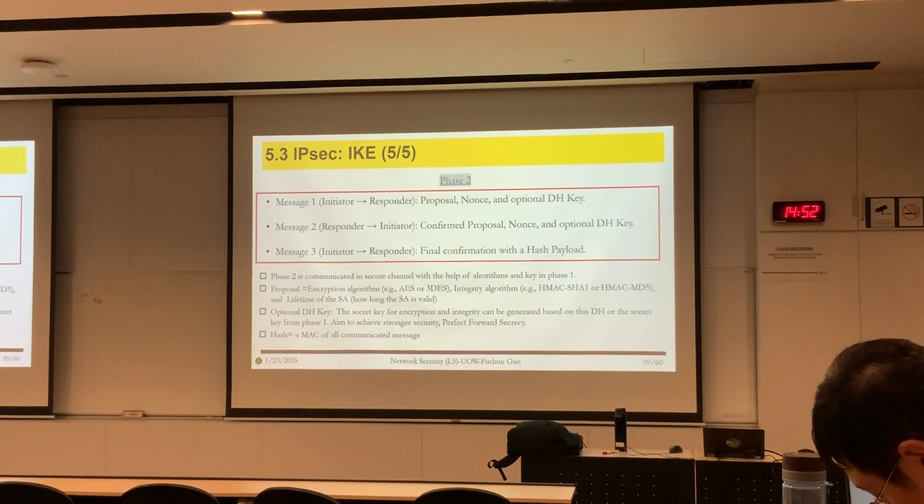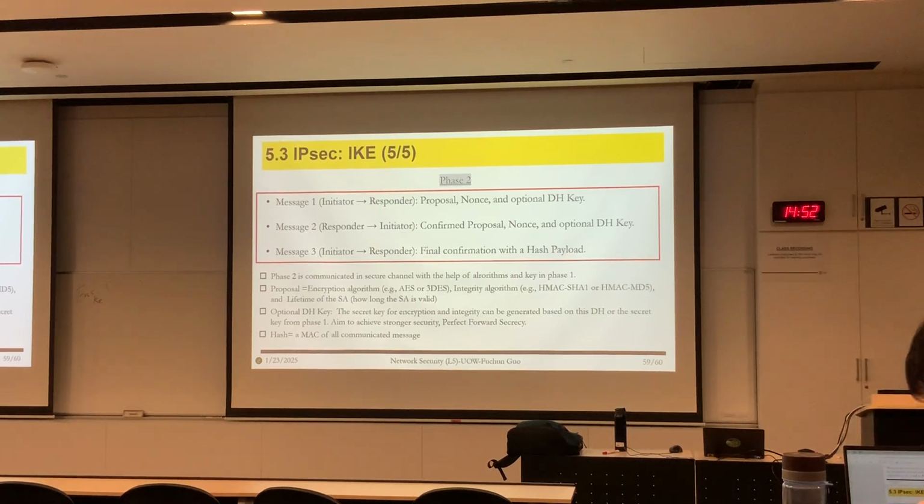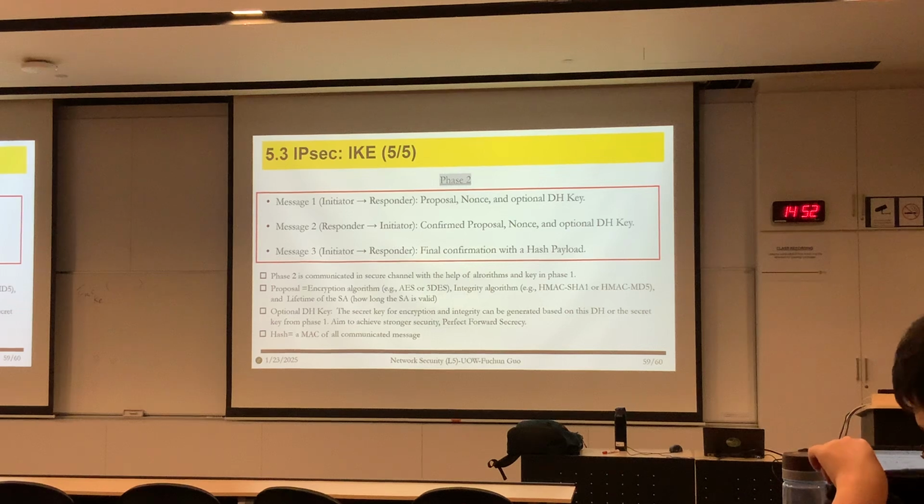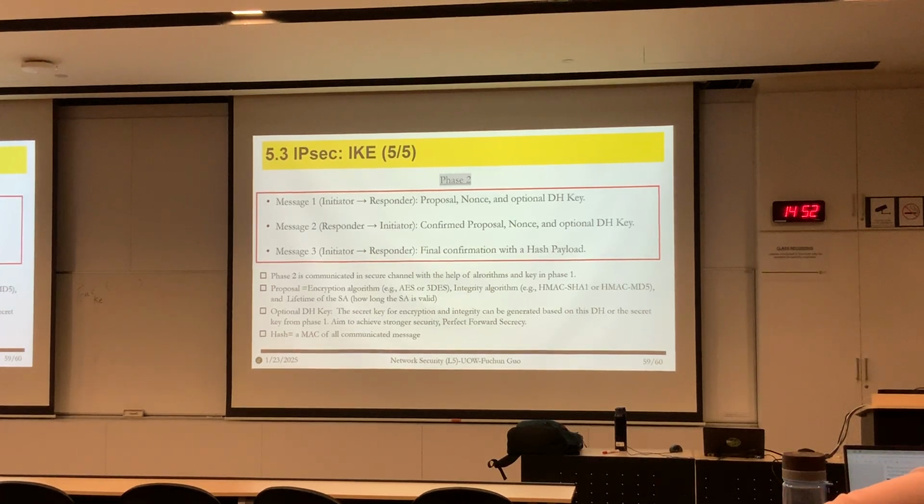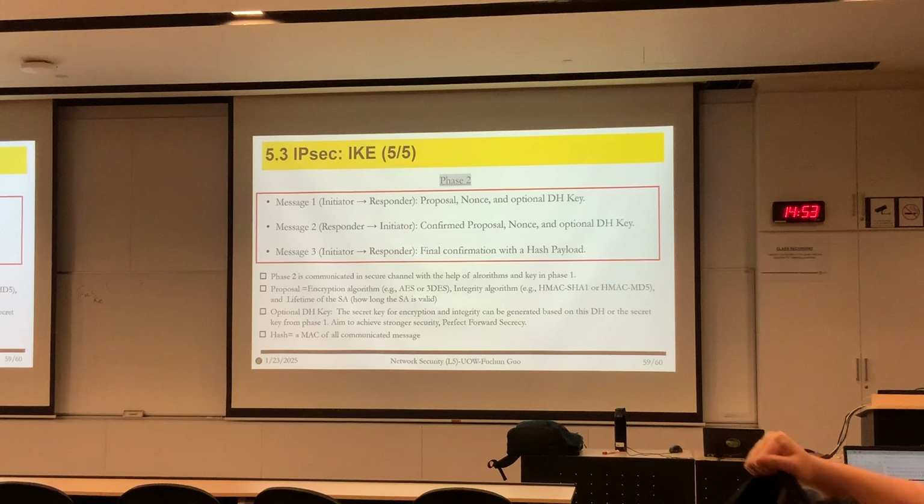Because they already have a secure channel, meaning they already have a shared key, they can renegotiate a key for data encryption, or they can just use the previous key for data encryption. That's why it's called optional. You have two choices to decide which key you want to use.